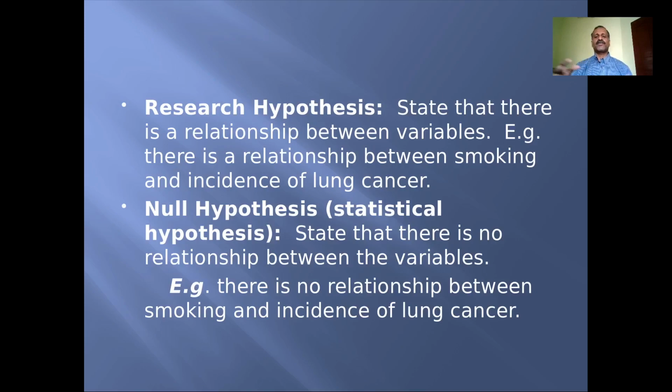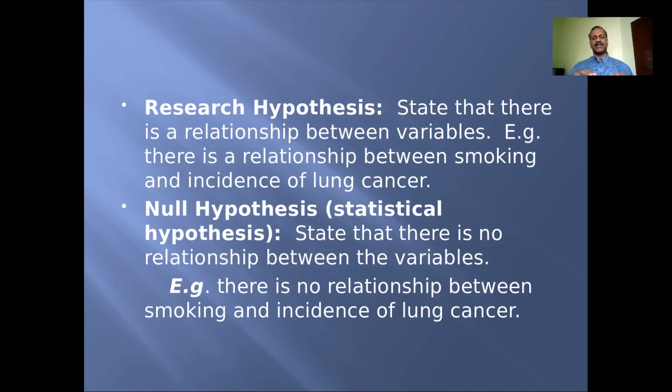We can say after collecting data whether this null hypothesis is right, whether we accept the null hypothesis or we reject the null hypothesis. So we are converting a research hypothesis into a no relationship format that we call a null hypothesis. For example, the previous research hypothesis, we are converting into: there is no relationship between smoking and incidence of lung cancer. So this is the difference between a research hypothesis and a null hypothesis.